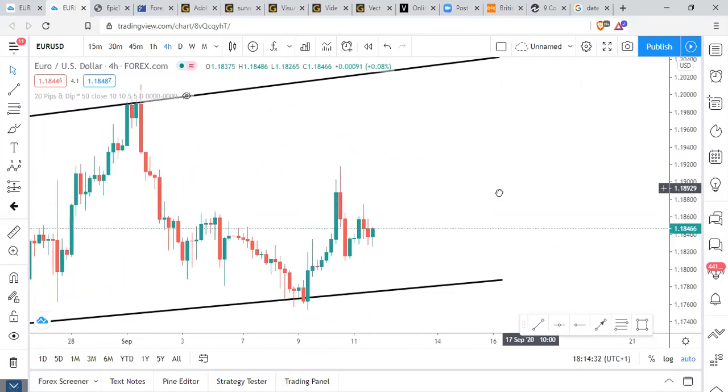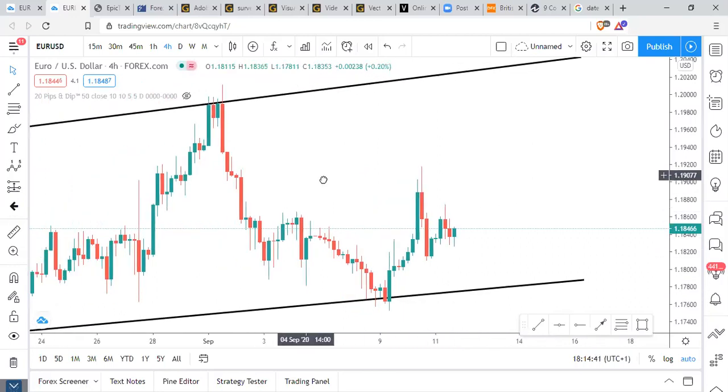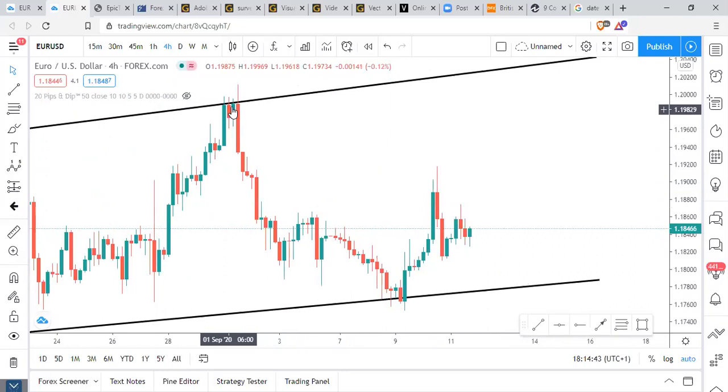Alright, so this is a hammer, bullish engulfing. This is what we call tweezer tops, plus bearish engulfing. It did what? Sold.